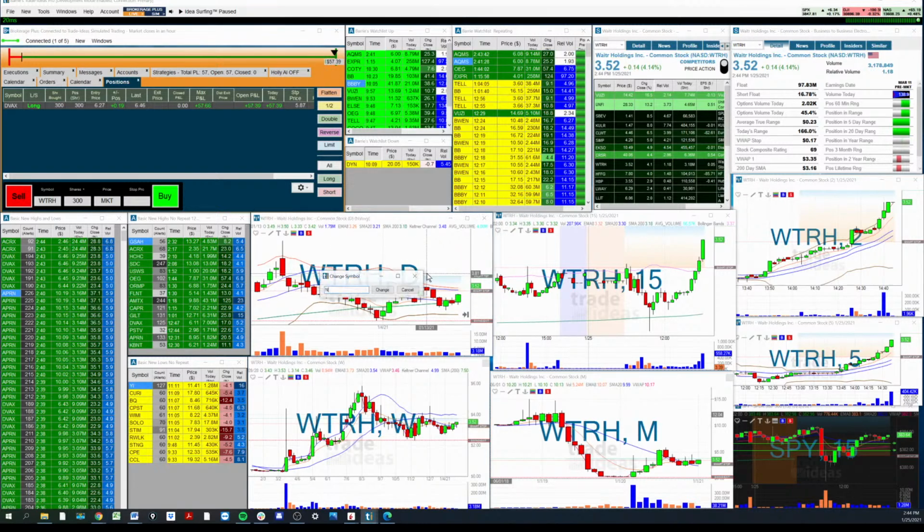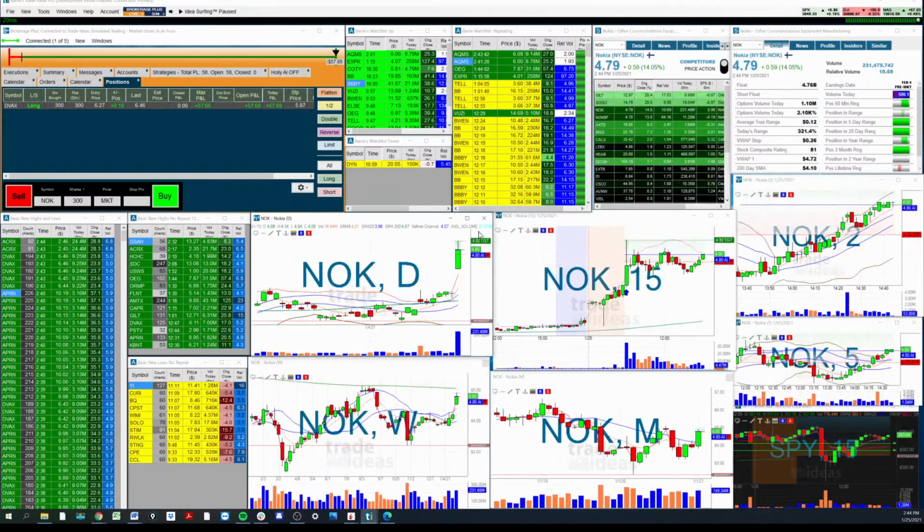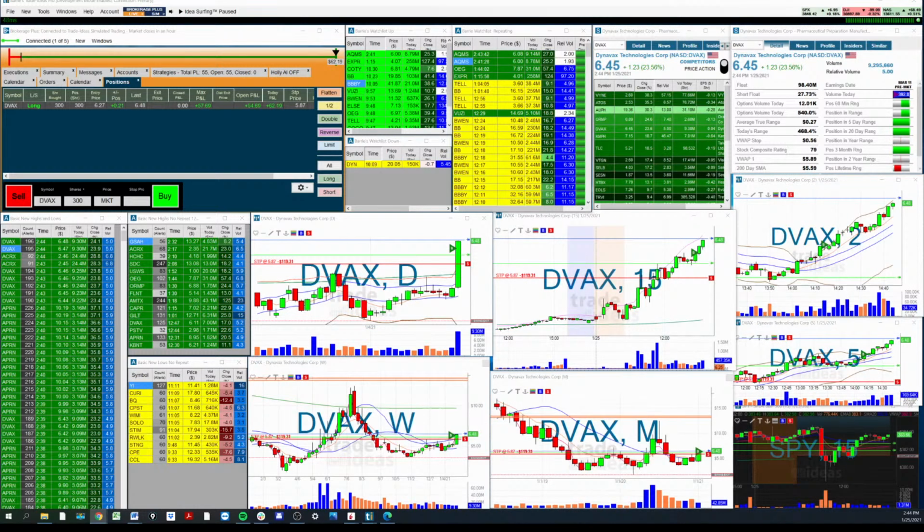Nokia, man, oh man, with how many billion in the float? 4.7 billion in the float. Hard to believe it could do that, but anything is possible. Probably not.